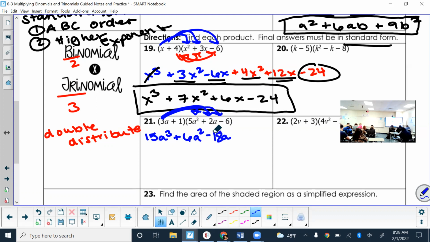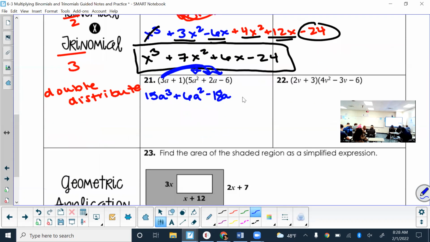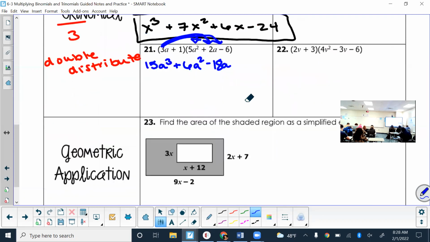All right, and keep an eye on your symbols. Make sure, since it's negative, that you put negative 18a. And now what do we do? After you distribute the 3a, what do we do?